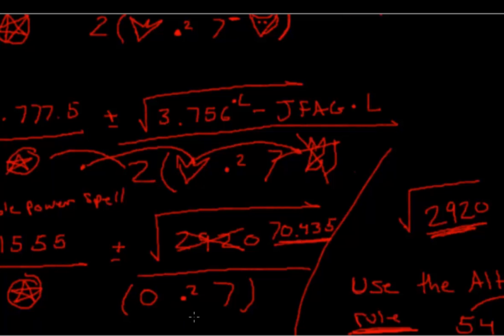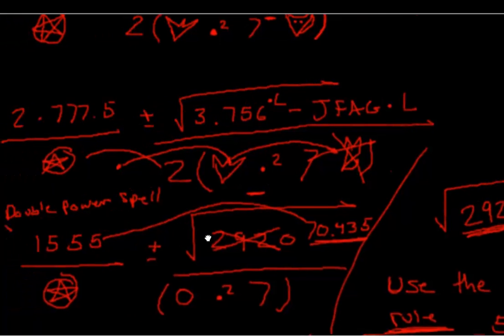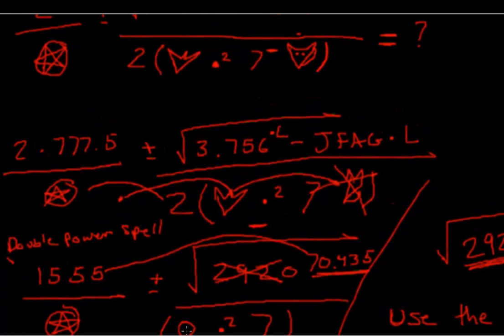Now what we do is put it over here. And you want to subtract that, which is a sub-equal number, from 1,555. And what this does is it estimates the energy cost it would take to cast this spell.